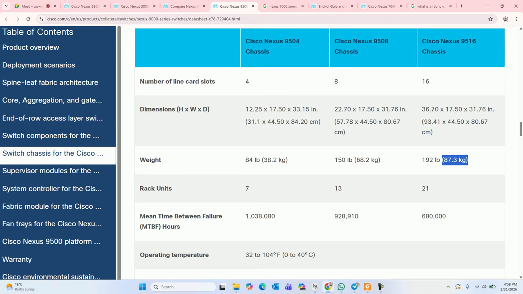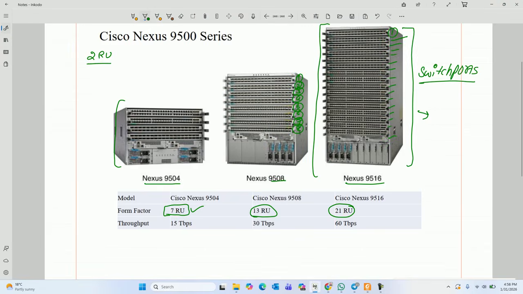Or squats, but lifting the 9516 switch with a weight of 87 kgs is very difficult because you don't have the symmetry to hold it. The 9508 weighs 68 kg and the other is 38 kg. So you can imagine how much weight they have.